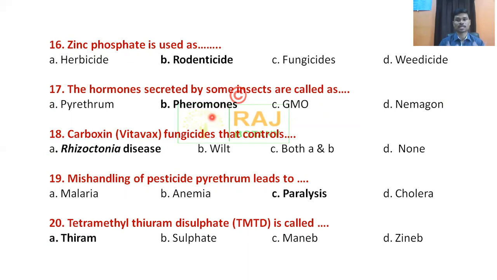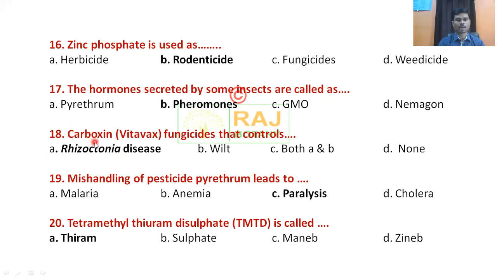Now scientists are using tricks to attract those opposite insects. If it is a male, a female secretes those pheromones to attract the male. And now scientists are using pheromone traps to kill those insects.